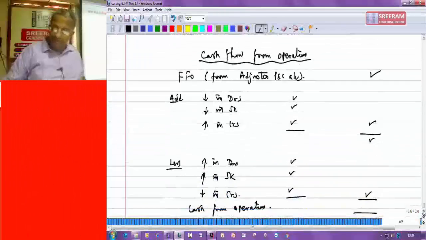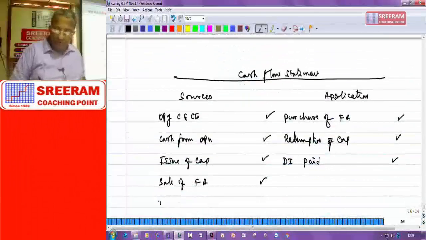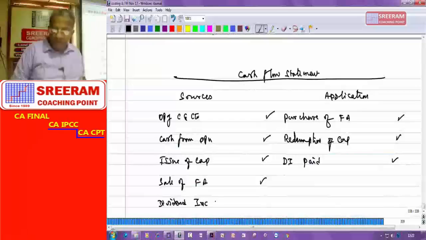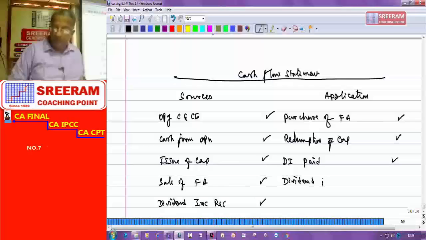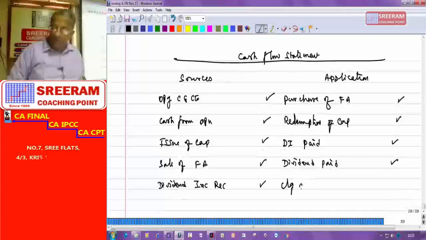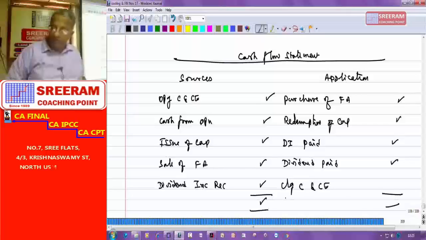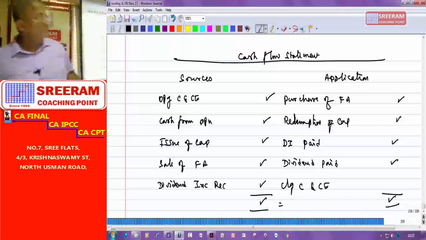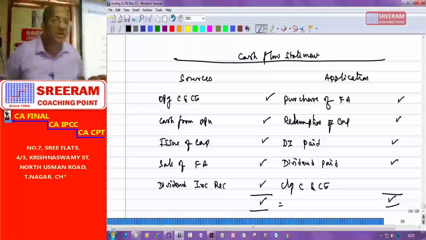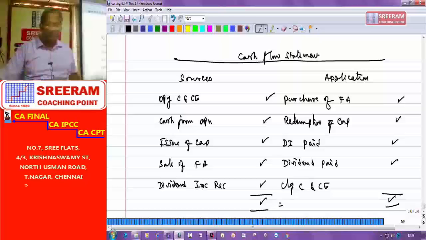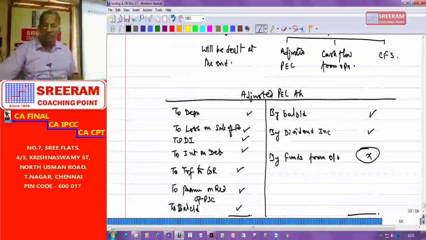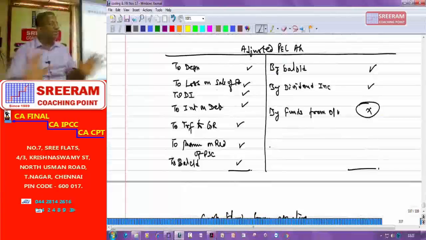Then dividend income received, dividend paid. Lastly, closing cash and cash equivalents. Should agree with this one. This is the internally developed cash flow statement. Kindly make note. This is only illustrative, not exhaustive.